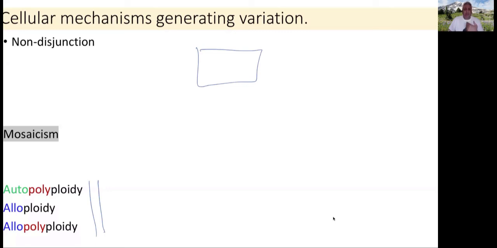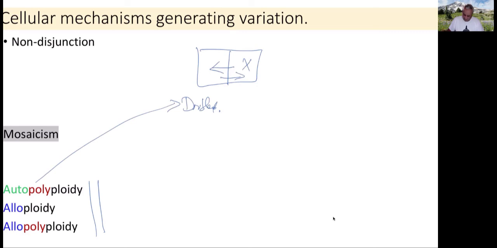So doing either gamete formation or doing mitotic nondisjunction, you have one cell getting all the chromosomes of the daughters and the other one getting none. So immediately you've doubled the number of chromosomes within those cells. So that would be an example of autopolyploidy.